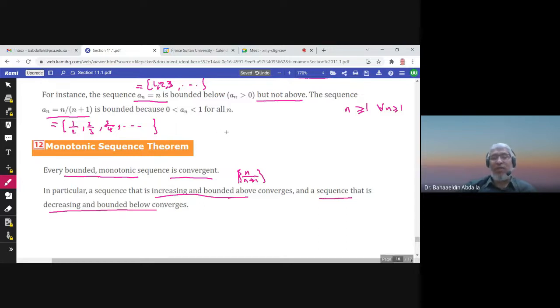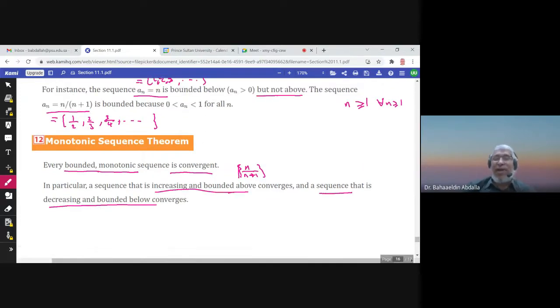Find the function, because n is up and n is down, write the function f of x equals x over x plus 1, and you will see that in the interval 1 to infinity, the derivative is positive. So it's increasing and bounded above, so it will converge. Of course, it will converge to 1, the bound of the sequence.